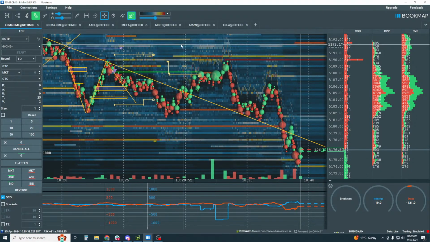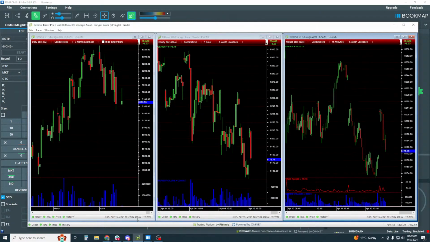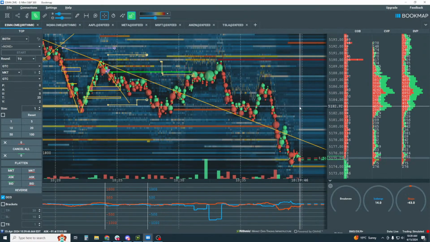Now, you can also look at this data here, and this is why you have to ascertain your bigger picture. It's an inside day. We're looking at this momentum on these smaller time frames in here, on the hourly, on the 15-minute. We also know that it's still an inside day, and some back and forth in here before a gap fill can be highly likely. That's another thing to consider.